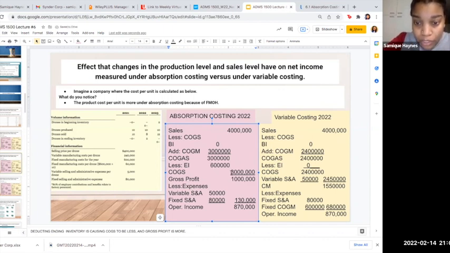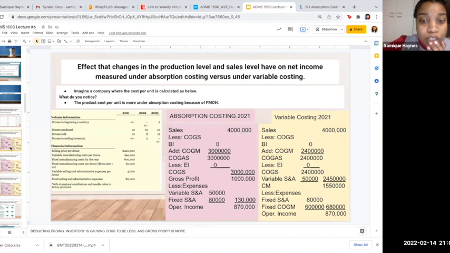So our cost of goods sold is now 2,400,000. And our gross profit is now 1,600,000. Look at what just happened to our cost of goods sold. Before, our cost of goods sold was 3 million.